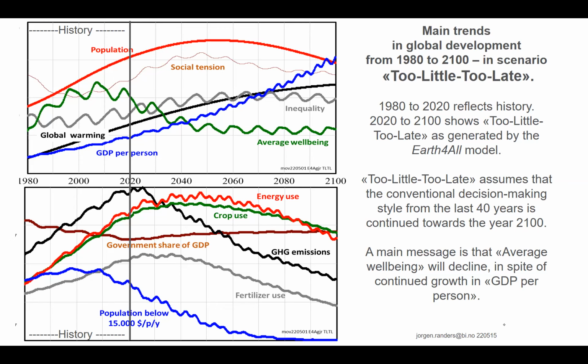The blue line at the bottom is the one that interests most people in the South. This is the number of people that are below $15,000 per person a year in GDP. $15,000 in GDP per year per person is the level necessary in order to satisfy the Sustainable Development Goals.